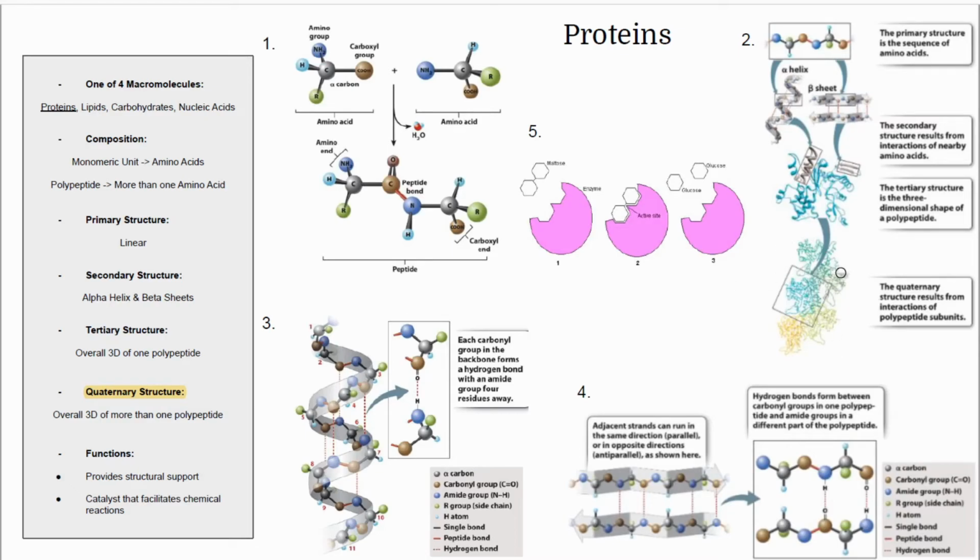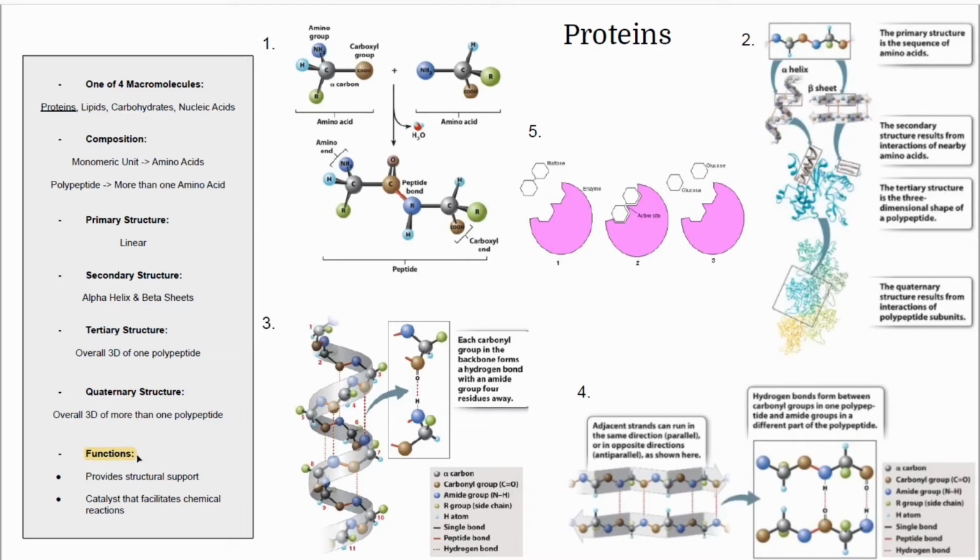In this case, this protein has 1, 2, 3, 4, 5 different units that make up the protein. It's basically different tertiary structures interacting with each other. That makes up the quaternary structure. And note that not every protein has a quaternary structure. If they're made up of one polypeptide chain, then it only has a tertiary structure.